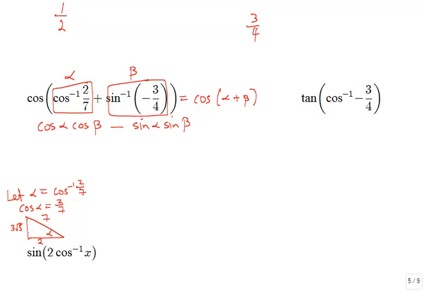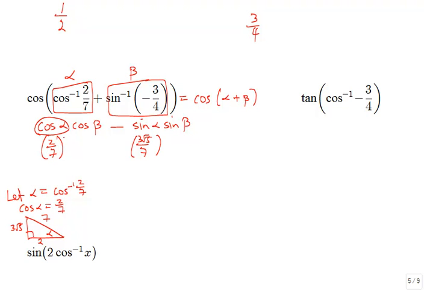So there's my triangle. So what would the cosine of alpha be according to this triangle? Well, we already knew that. That was 2/7. What's the sine of alpha on this triangle? Well, according to this triangle, sine is opposite over hypotenuse, so that would be 3√5 over 7.